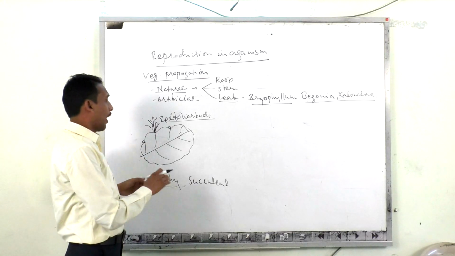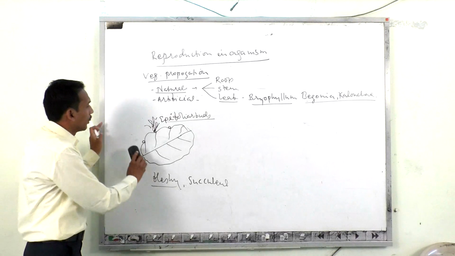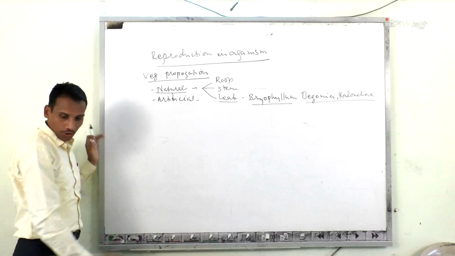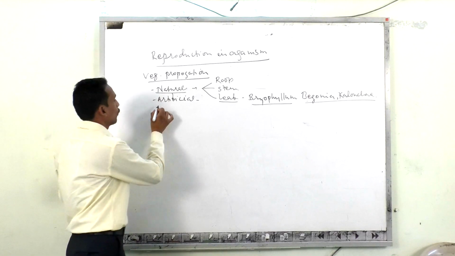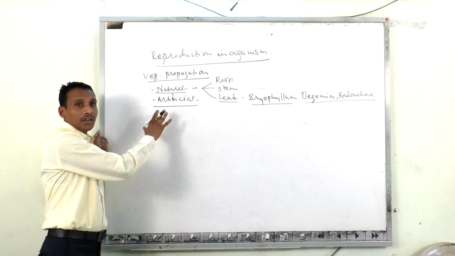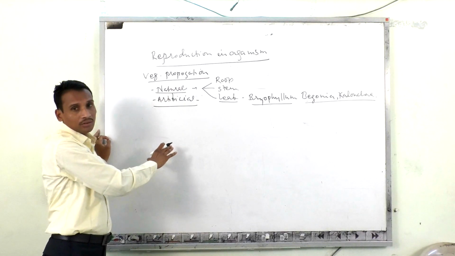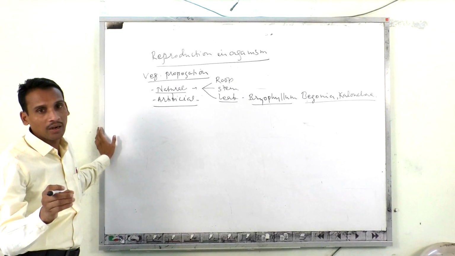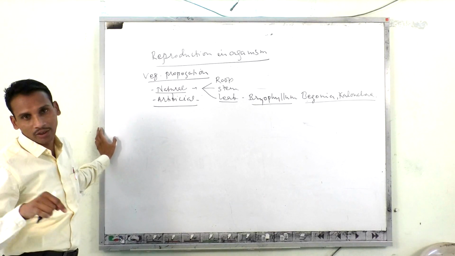Now we have to discuss the next portion, that is the artificial type of vegetative propagation. As I already told you, here there is involvement of human beings. Here human beings separate a plant part, which is planted within the soil.